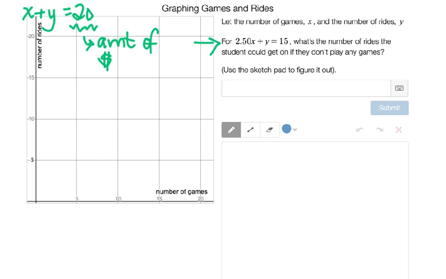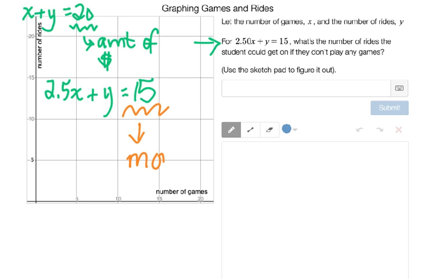So what do you remember from what we talked about in class? Well, now instead of having $20, I have $15. So I'm going to write 2.5x plus y is equal to 15. Well, now I only have $15 to spend. And what else?